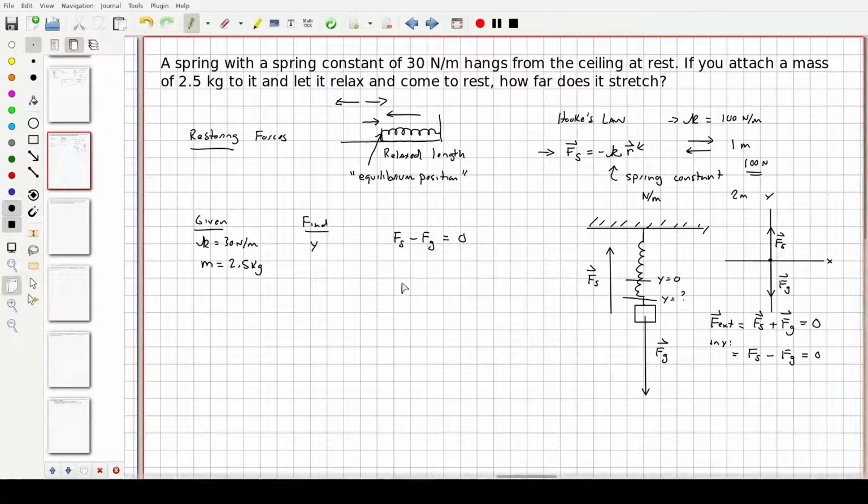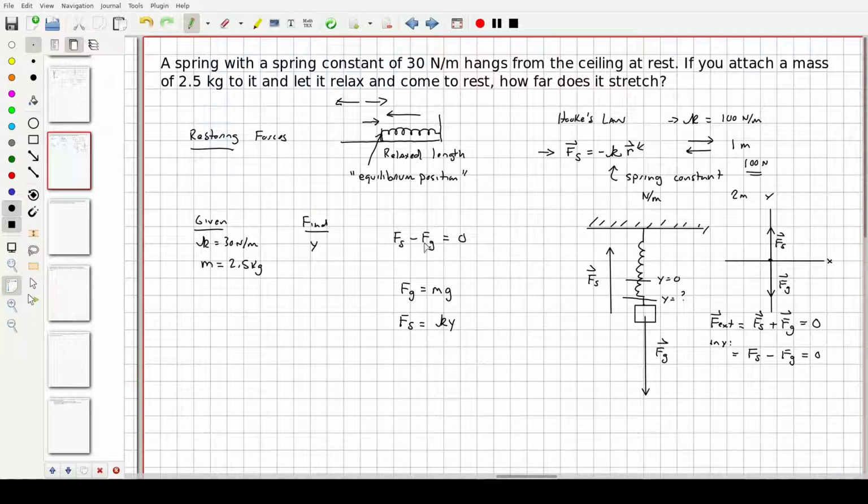Now we know weight looks like mg. The spring force in this case, because we've already taken into account the fact that it's trying to restore it upwards, has no negative sign in the front and looks like k times y, y being the distance that has been stretched. Okay?